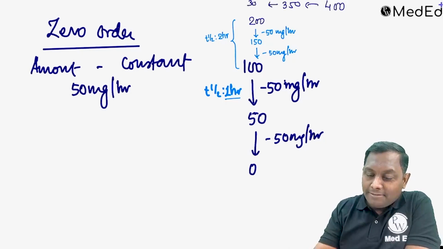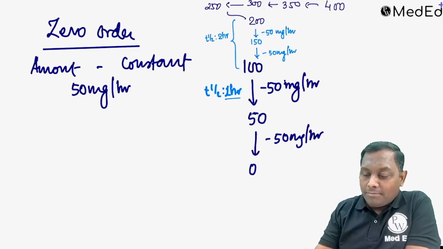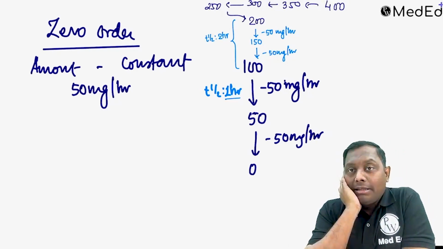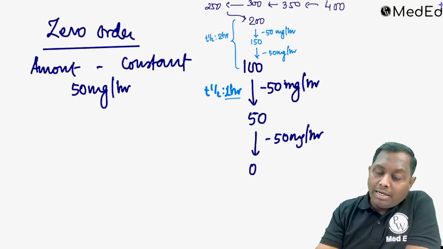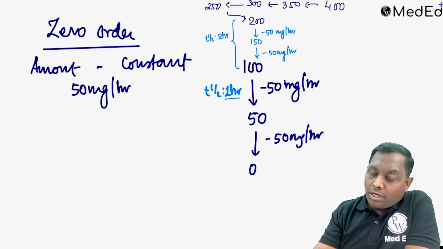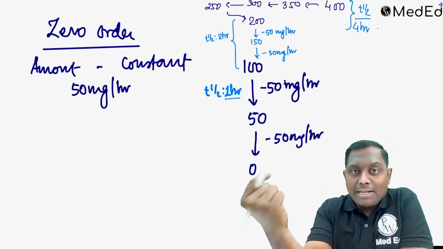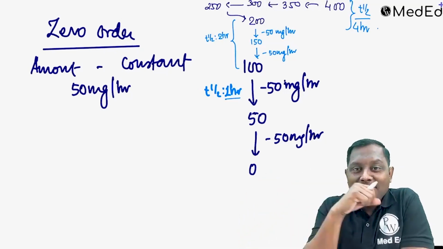This will keep going: 300 will become 250, and this 250 will now become 200. So if I ask you guys, 400 is becoming 200 in how many hours? The journey of the T half life will now change to 4 hours. Higher the plasma concentration, higher is the T half life.